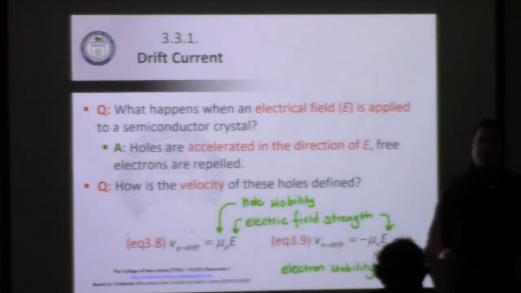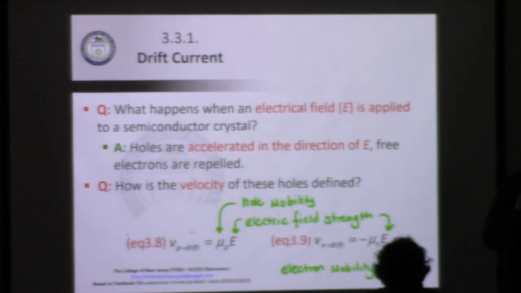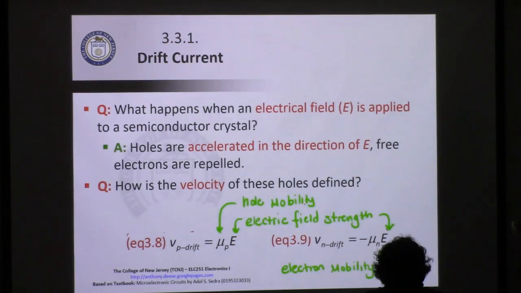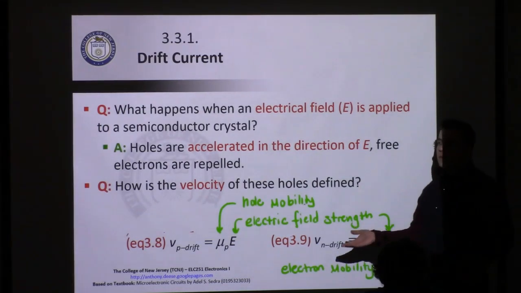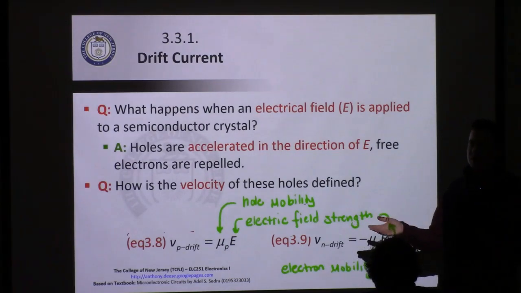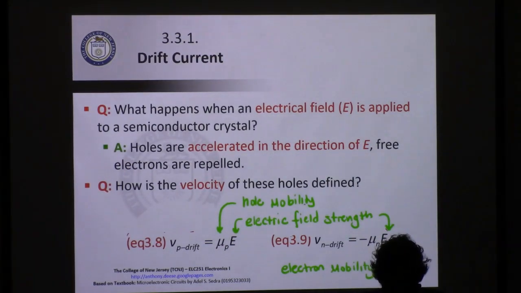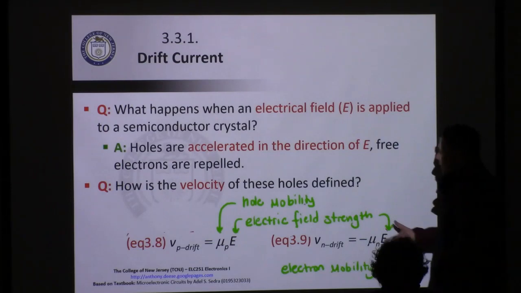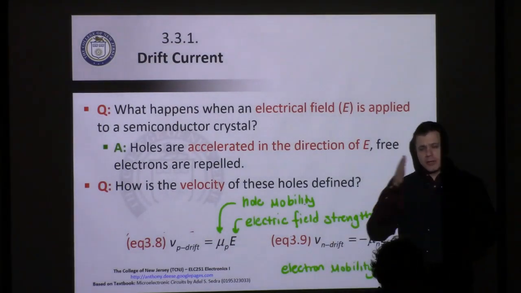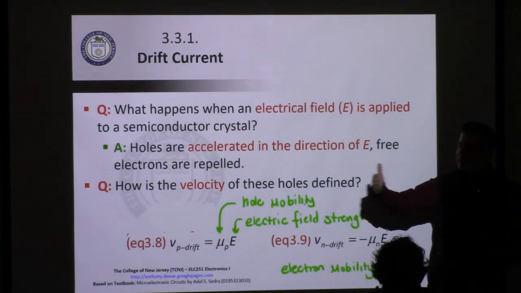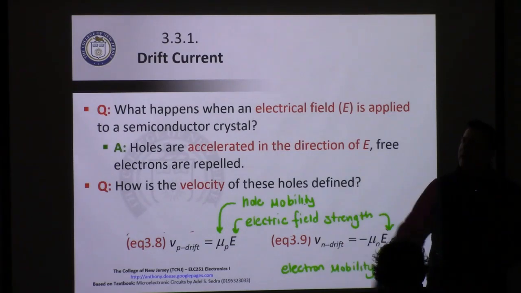The reason we have a -1 is because the direction in which the holes and the electrons flow opposes one another. One flows in the direction of the electric field, the other flows in the direction opposing the electric field. It's not really so important. We're not going to go into depth about what drift velocity represents. We're going to use this as one intermediate step along the way to calculating current.